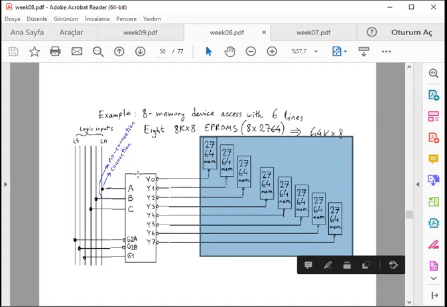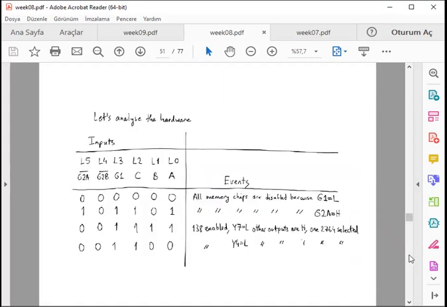So the rationale is the same. Only one of them is active, the other ones are in steady state. They are all connected to the address bus and data bus in parallel form, and exclusively one is active, the rest 7 are all in steady state.